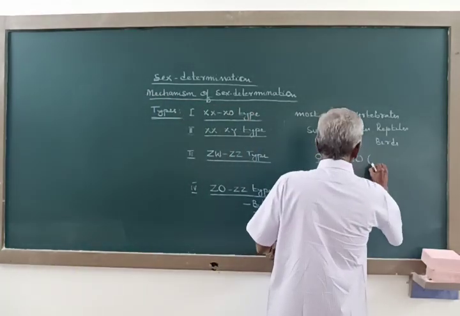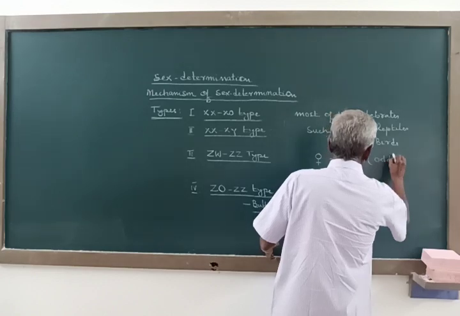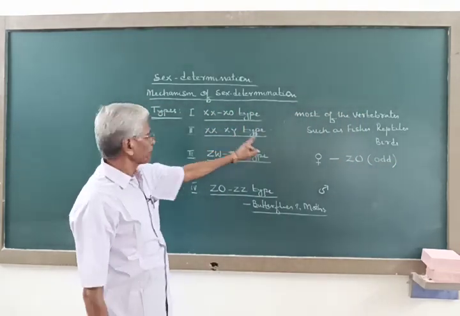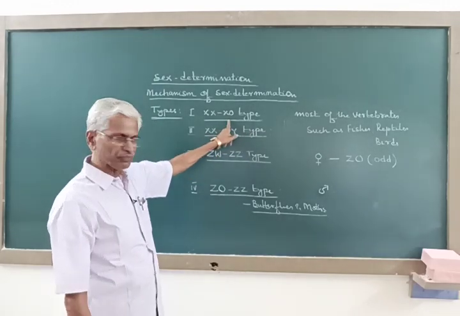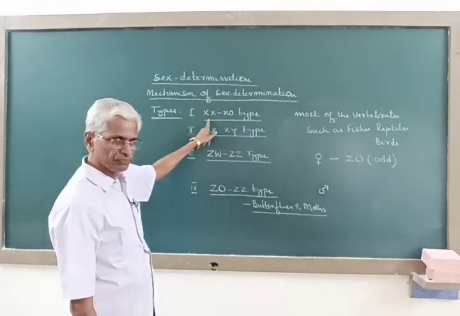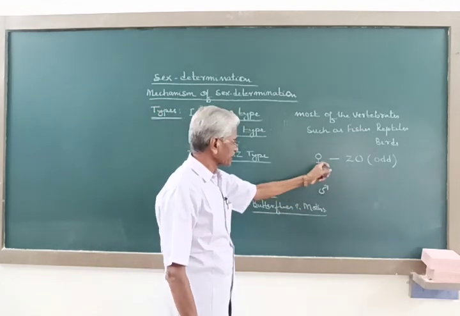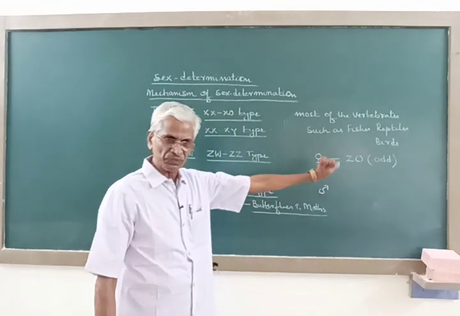So here the diploid number is odd, very much like XX-XO type, where male has odd number of chromosomes and female has even number of chromosomes, but here exactly converse. Now here female has odd number of chromosomes.